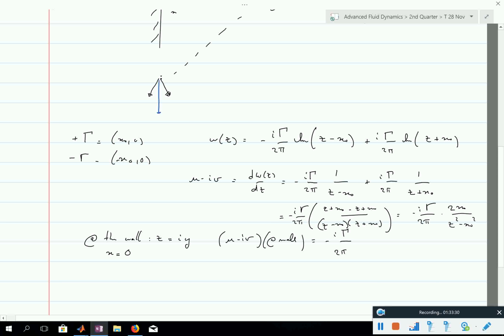So when I am at the wall, I have minus i gamma divided by 2 pi, 2 x naught divided by z squared.